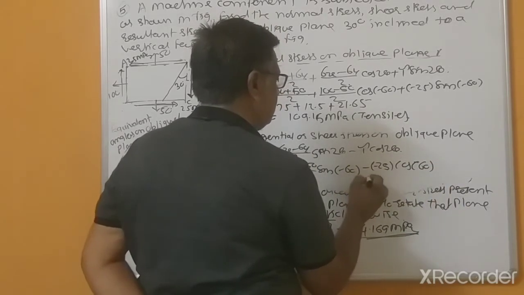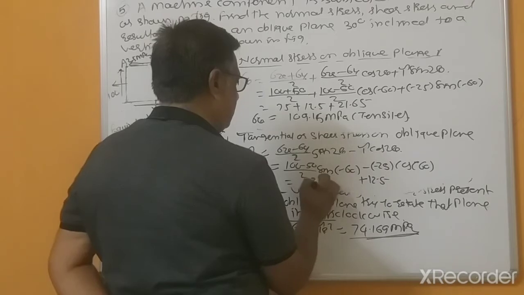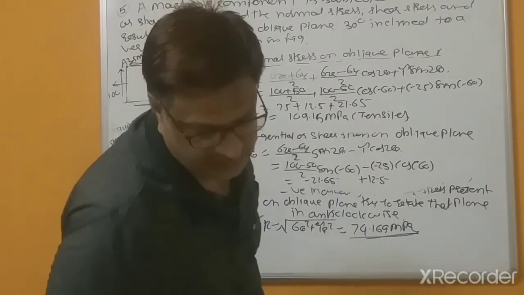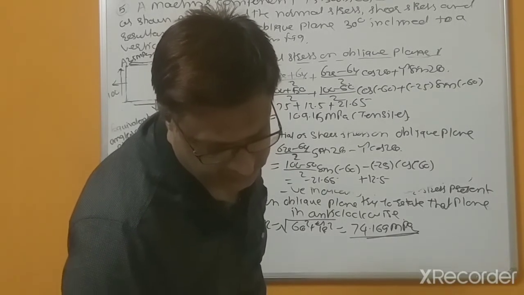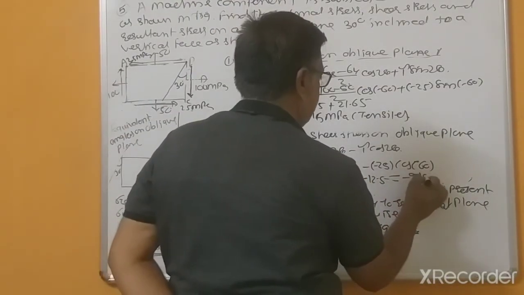Minus this becomes plus, and this is 12.5, and this is minus 21.65, right. So this is minus 9.15.